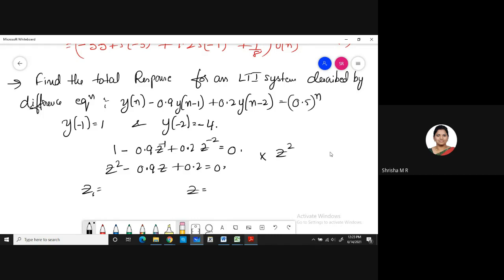What do you get? So what are the roots of the characteristic equation?